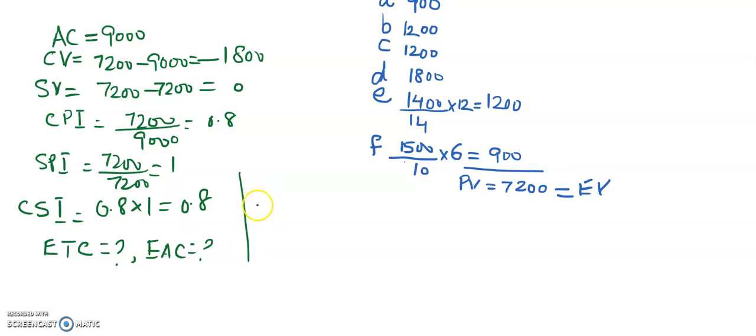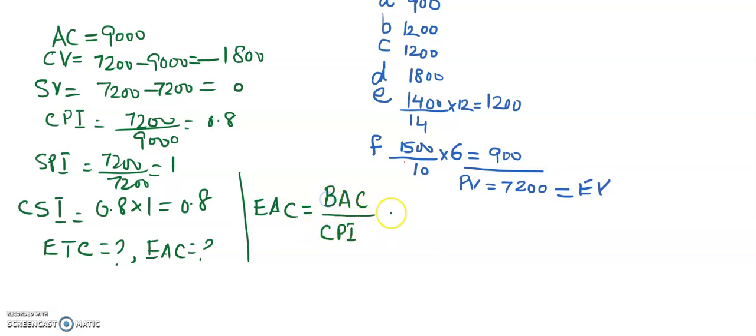The estimate at completion will be equal to the most useful formula, which is budget at completion divided by the cost performance index.